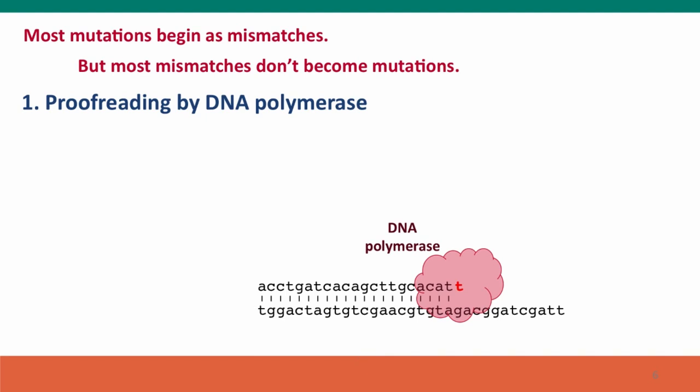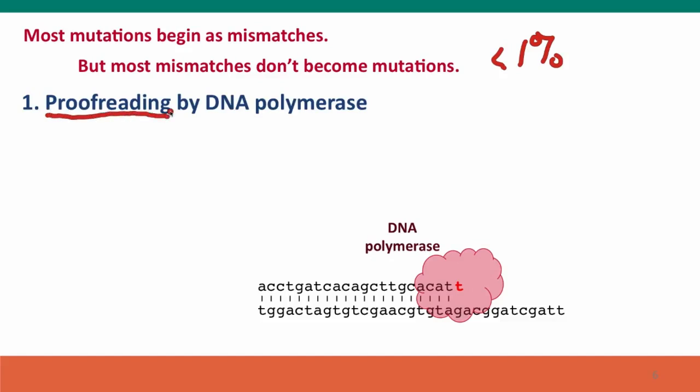Now, most mutations start out as mismatches, but most mismatches don't become mutations. In fact, less than 1% of mismatches become the kind of mutations that I just showed you. And that's because of a function carried by DNA polymerase called proofreading.